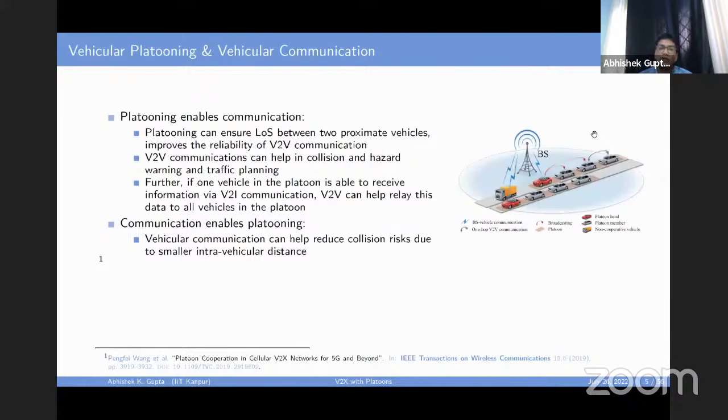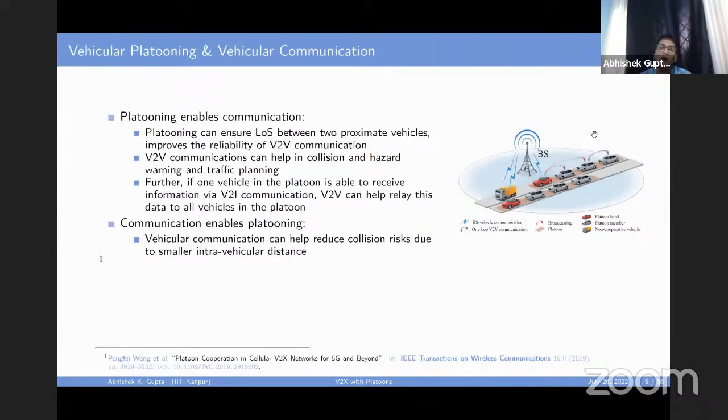So when we talk about vehicular platooning and vehicular communication, we see that there is a two-way relation between these two. First, platooning actually enables communication. How can we see that? In a platoon, we can maintain some fixed distance between the vehicles, and that communication will be line of sight.